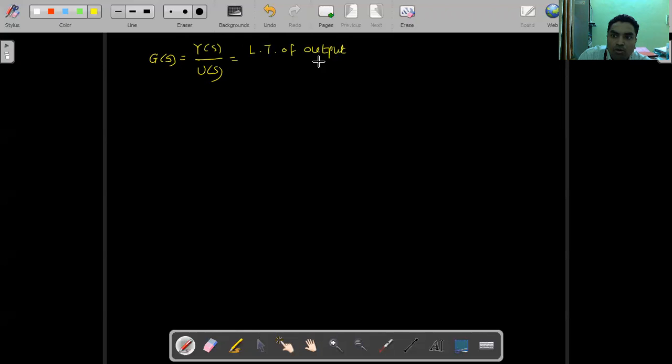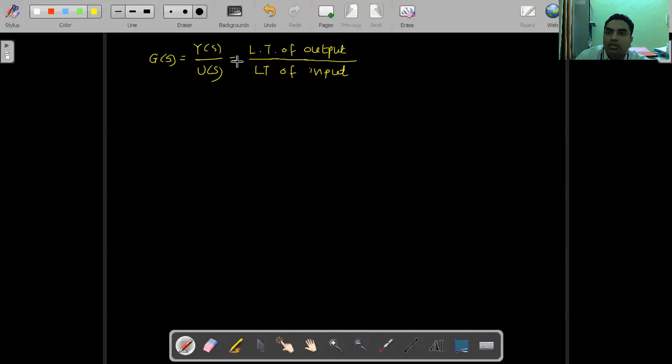Now, transfer function is the input output relationship of the system. How do we define transfer function? We define transfer function G(s) equal to Y(s) upon U(s), that is Laplace transform of output upon Laplace transform of input.